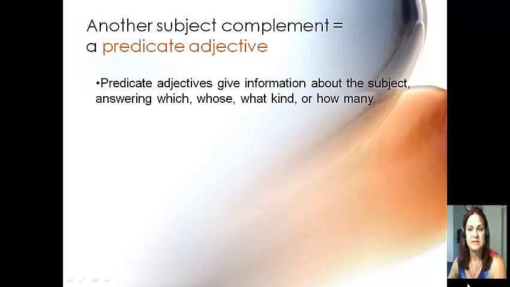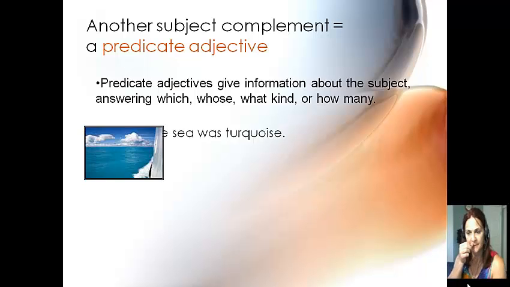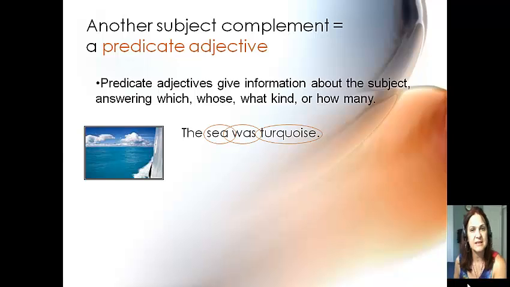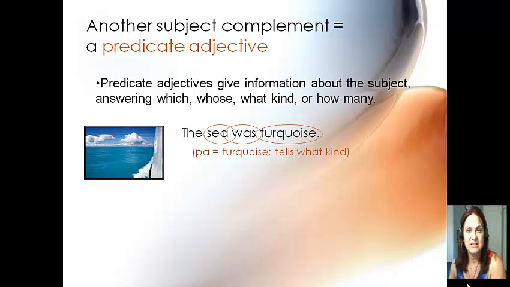So let's look at some examples. The sea was turquoise. My subject is sea. My linking verb is was. My predicate adjective is turquoise because it's an adjective describing the sea, and it tells what kind. So notice here that my abbreviation for predicate adjective is PA.